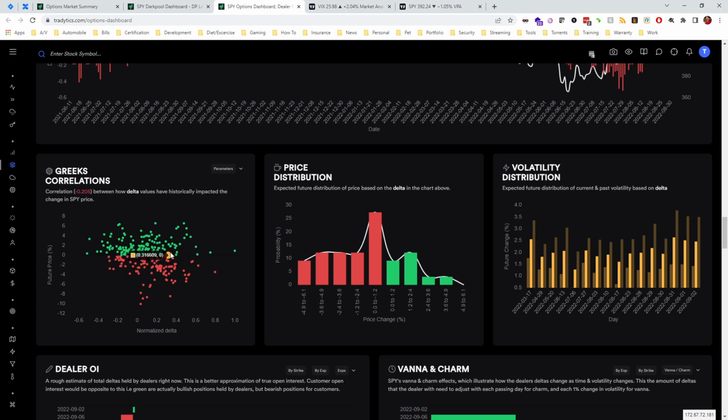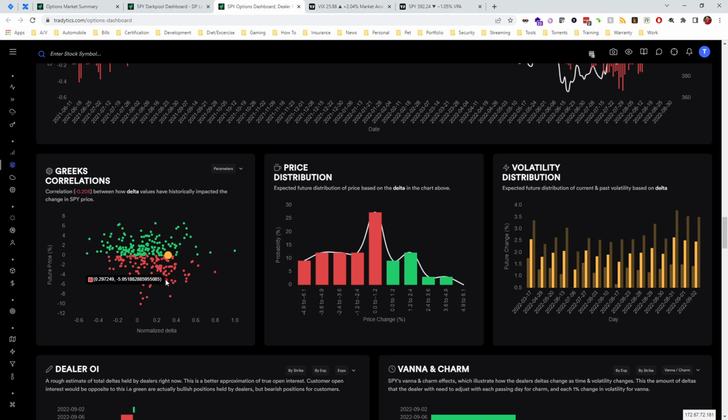This gets shown a lot more easily on the dashboards to the right, but just by hovering over this, we can see as high as a 2.2% change, and then we have more negative outcomes here, as much as a negative 5% change in SPY over the next 5 days.